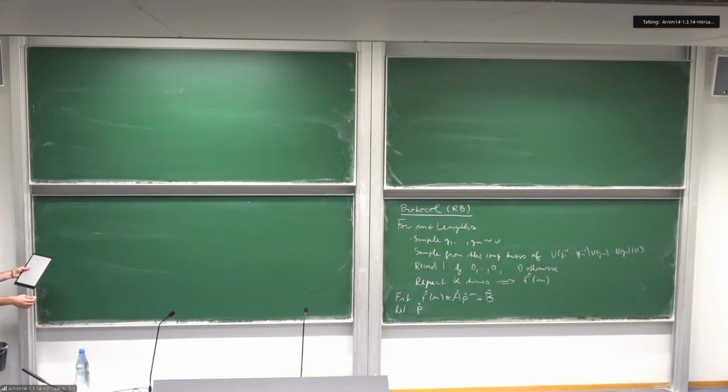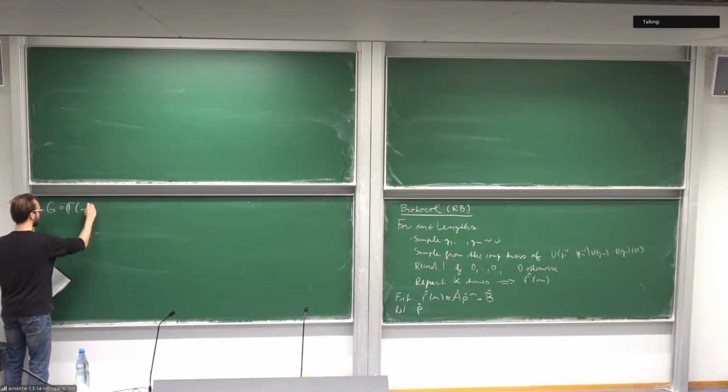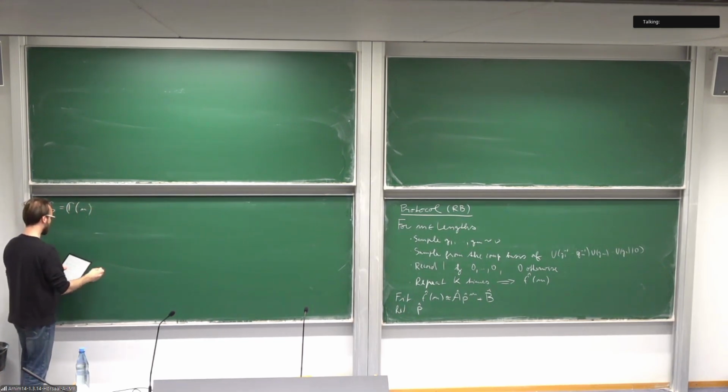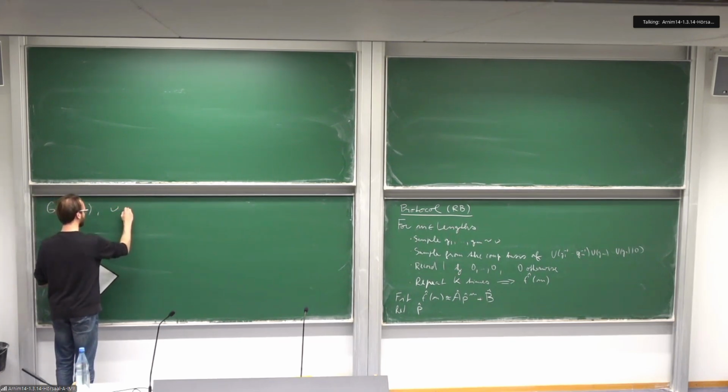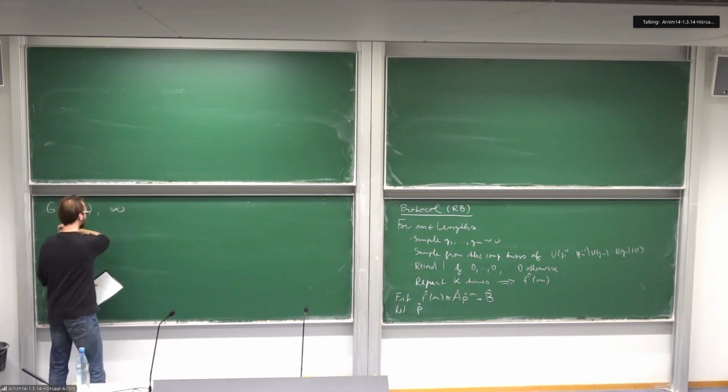So now I'll just go through this. Consider G, the Clifford group on n qubits. Then we take omega to be the conjugate action of the defining representation.